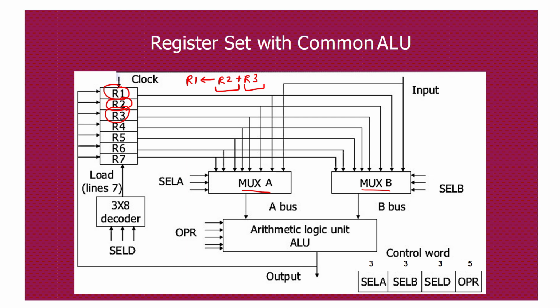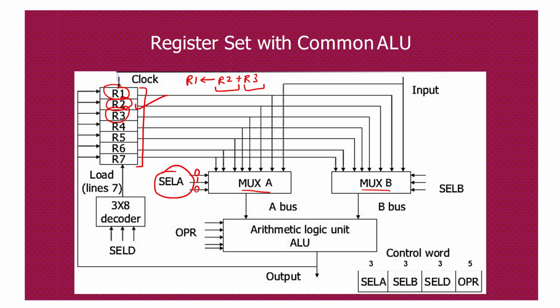These 7 registers send their values to these multiplexers. The value of selection line A will decide which register value needs to be accepted. So if I want to accept R2, I will pass 010 here.